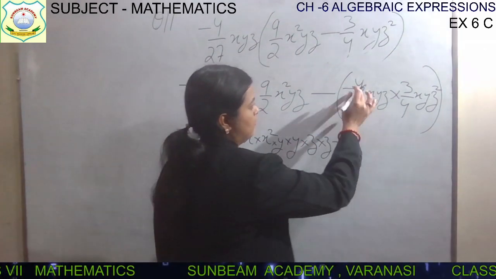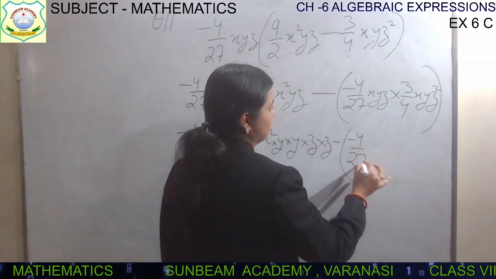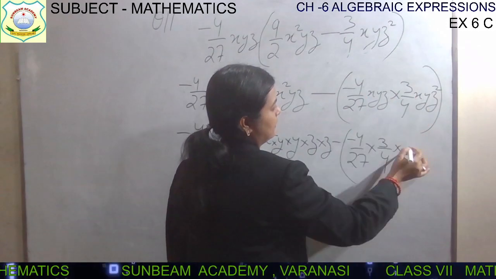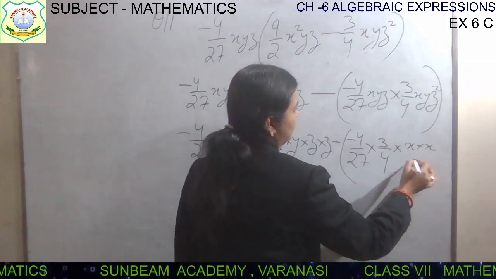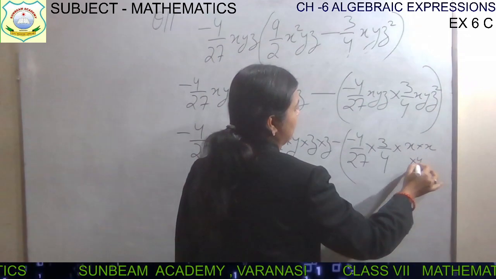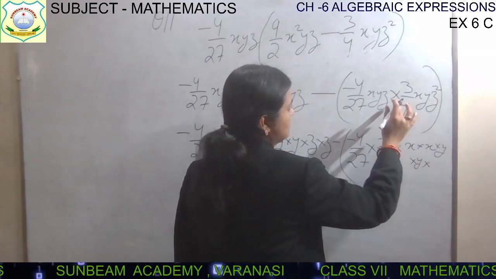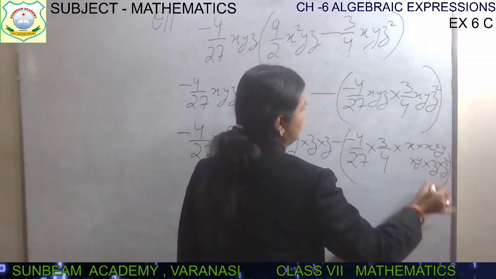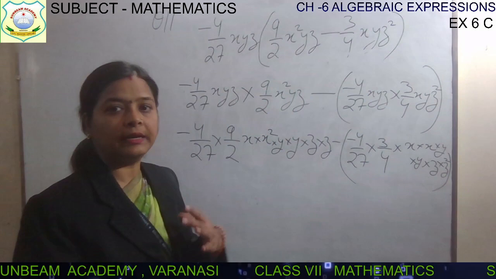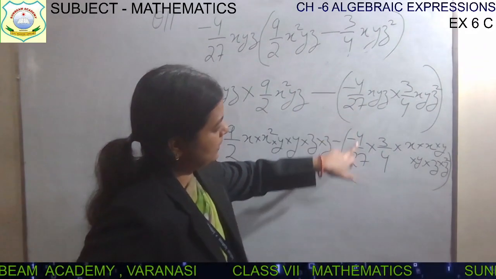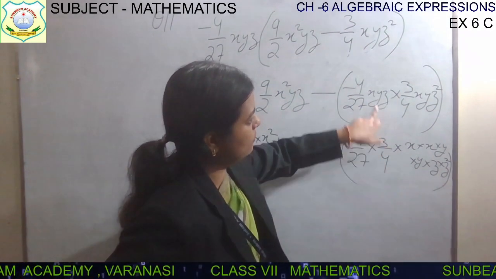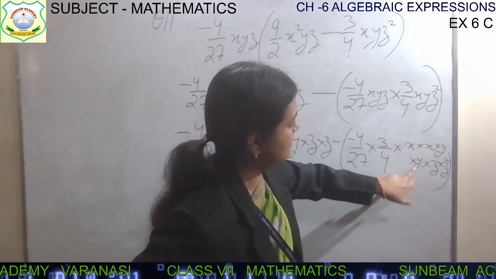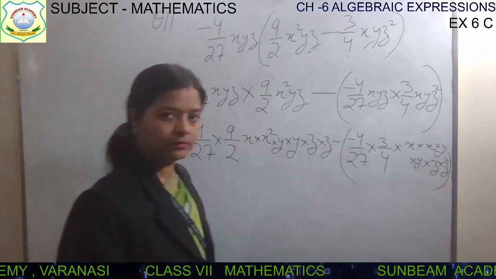Then minus 4 by 27 will multiply with 3 by 4, then x will multiply with x, then y will multiply with y, and z will multiply with z square, and then keep it in a bracket. Means you have to write down the variables side by side. Minus 4 by 27 into 3 by 4, x into x written side by side, y into y written side by side, and z into z square is also written.